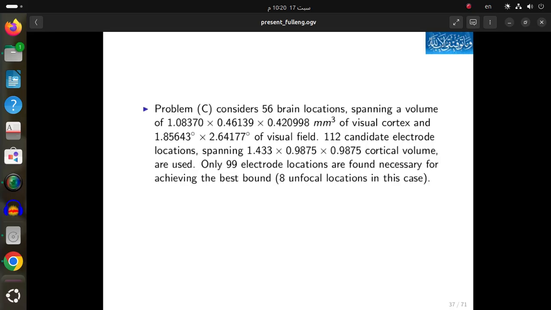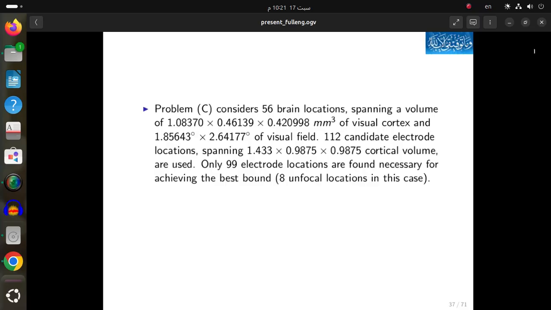If the number of locations satisfying the desired degree of focality is equal to the bound, then we know that this number of electrodes is sufficient. We then repeat, each time decreasing 1 electrode. We continue until we find that decreasing an electrode gives us worse performance. If it gives us worse performance, then we know that the number just before it is the minimum number of electrodes that we can use to achieve the bound, so that other electrode locations can be considered redundant.